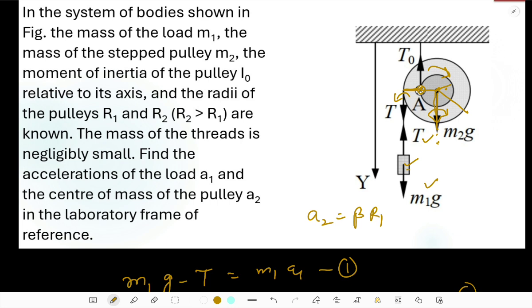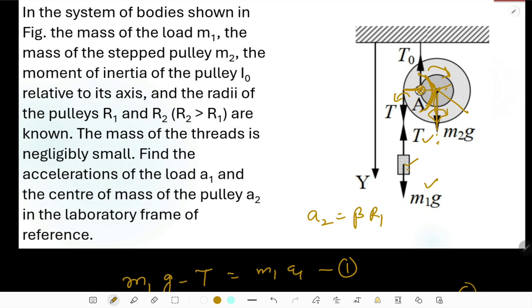Because this is at rest and this is moving about it in this circle, it will try to move in this circle, so the acceleration direction is fine, and this will be beta r1, no problem at all.